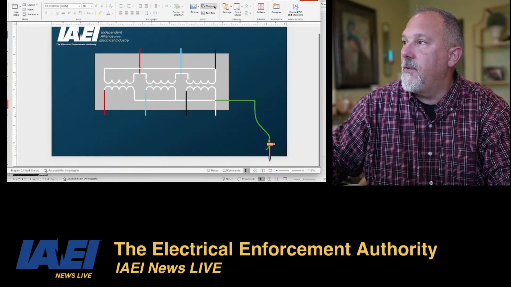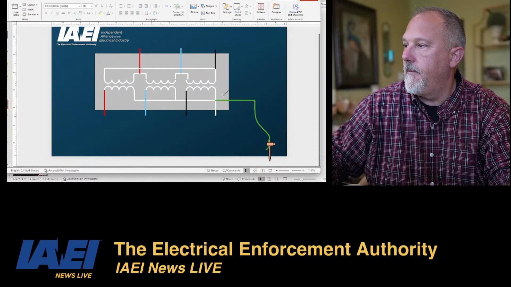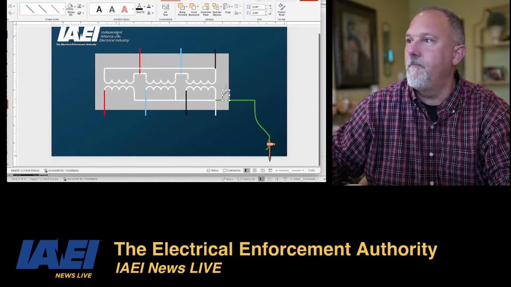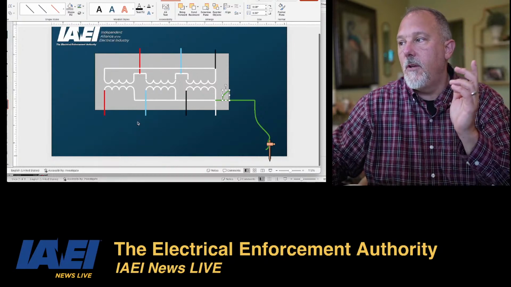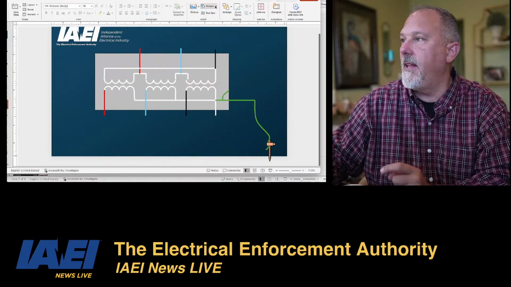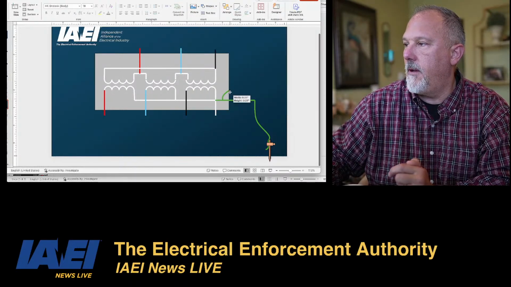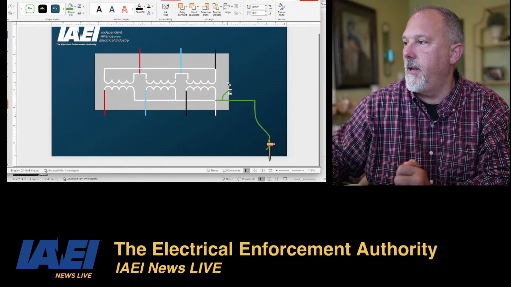And I also have to bond that, it's all going to be bonded. So let's draw this circle and fill that in as green.